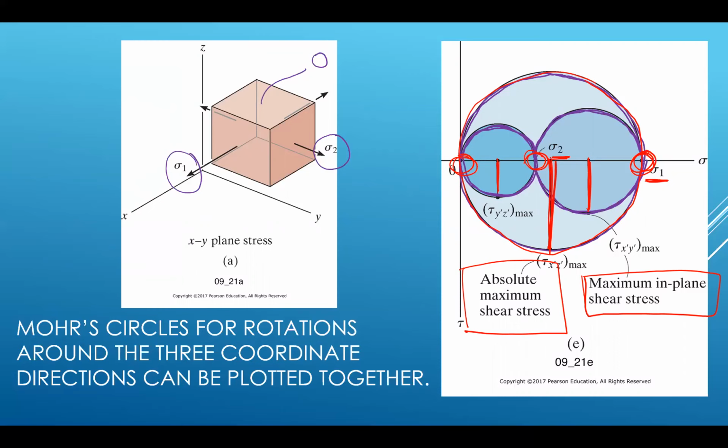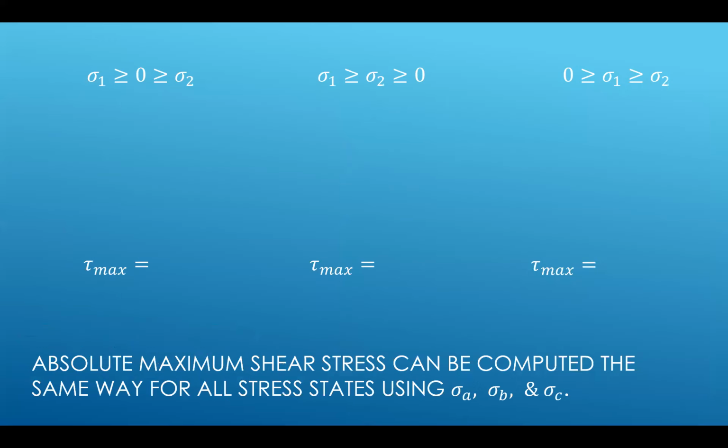So let's look at the three different scenarios. Depending on the sign of sigma 1 and sigma 2, you get three different scenarios. You could have sigma 1 and sigma 2 both positive, or both negative, or sigma 1 could be positive while sigma 2 is negative. And in each case, we get a different looking Mohr circle.